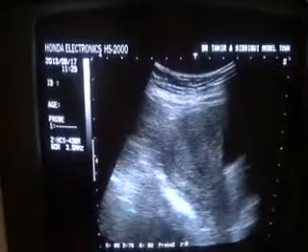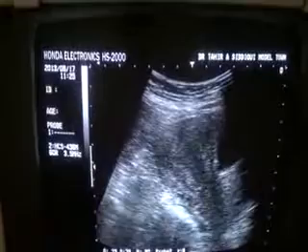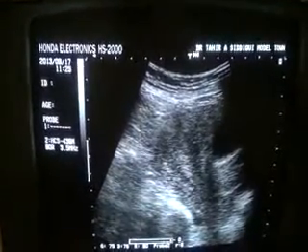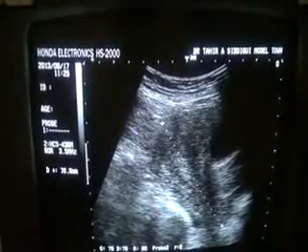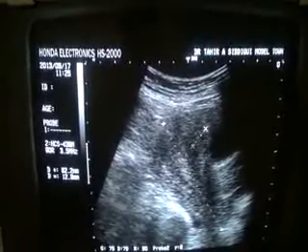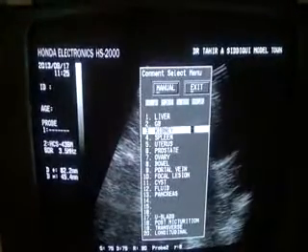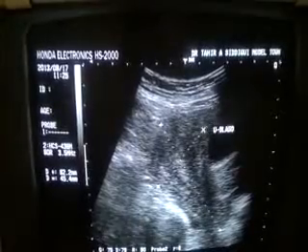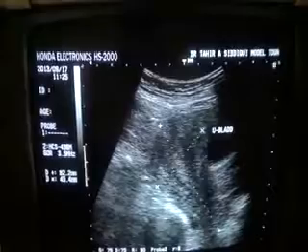Now, here you are seeing the uterus in longitudinal section, measuring 8.2 centimeters by 4.5 centimeters. This is the urinary bladder, as this is the longitudinal section of the uterus.